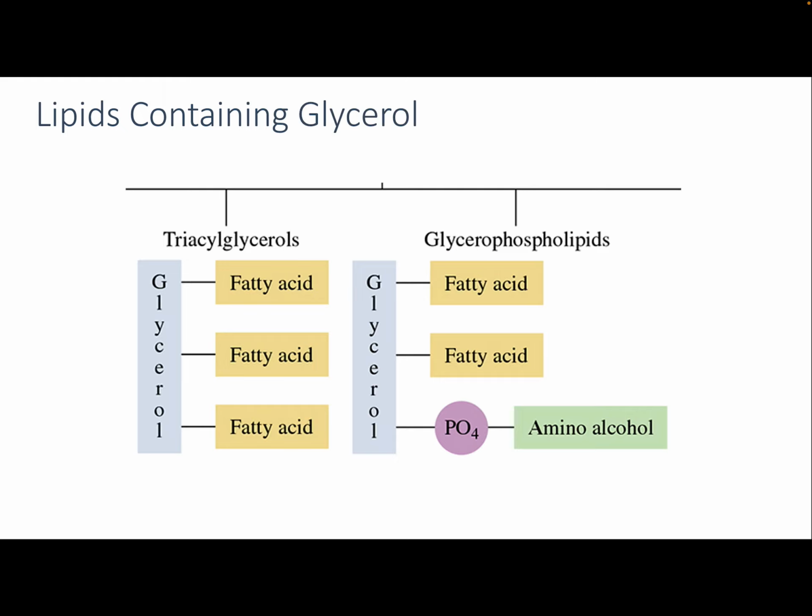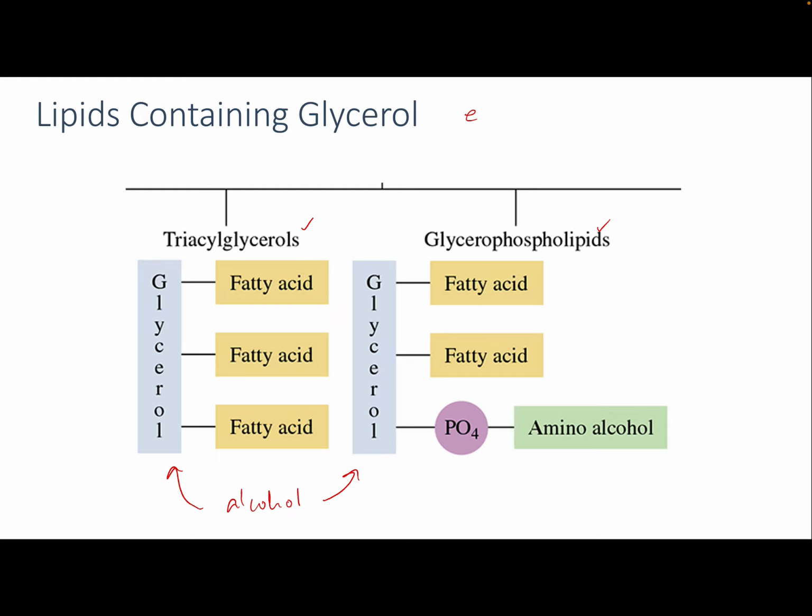So triacylglycerols or triglycerides and glycerophospholipids, so two different types, these both contain the alcohol glycerol. So that's one of the distinguishing features of this class. Just as a quick reminder, fatty acids are going to be esters.